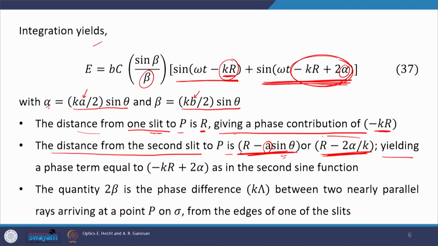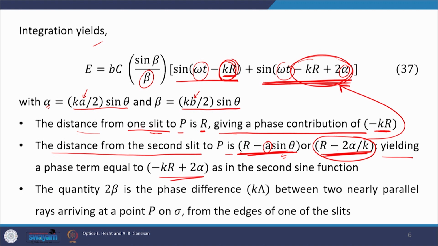Therefore, this term which is responsible for this phase is again due to the distance from the center of the second slit to the point of observation P. Therefore, these expressions are very clear. This is a time dependent phase, and the second term appearing in the phase part is due to the separation of the center of the slit from the point of observation P.